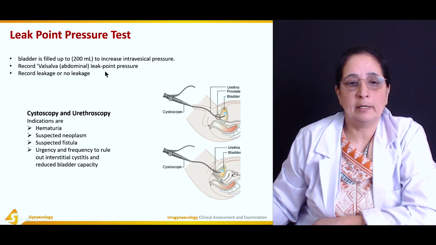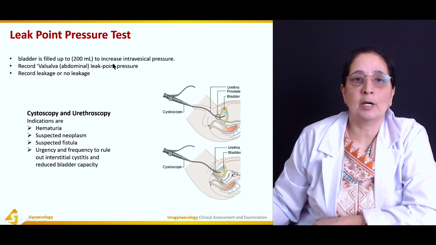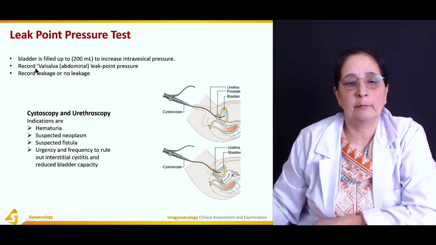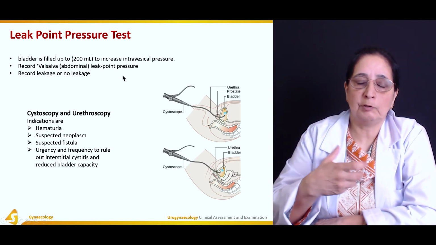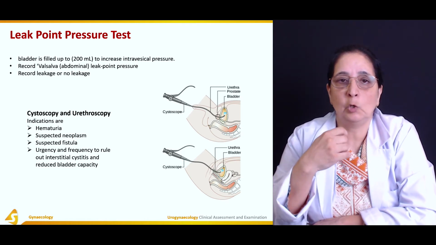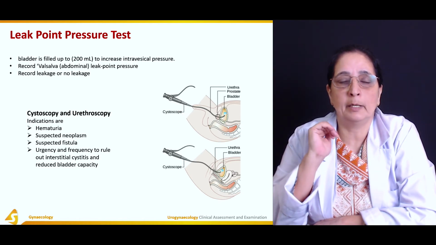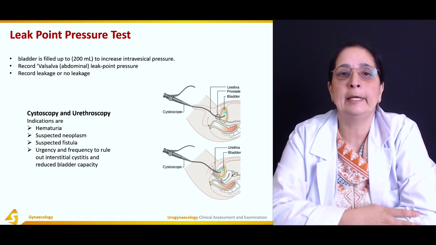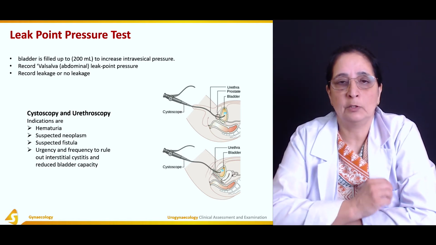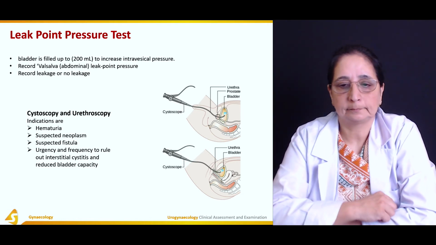In this, the bladder is filled with 200 ml to increase the intravesical pressure, and then the Valsalva maneuver, intra-abdominal pressure is increased by exhaling with the closed nose and closed mouth, and then we record the pressure at which the leaking begins. That's the leak point pressure test. So at what point or at what pressure the leaking starts.